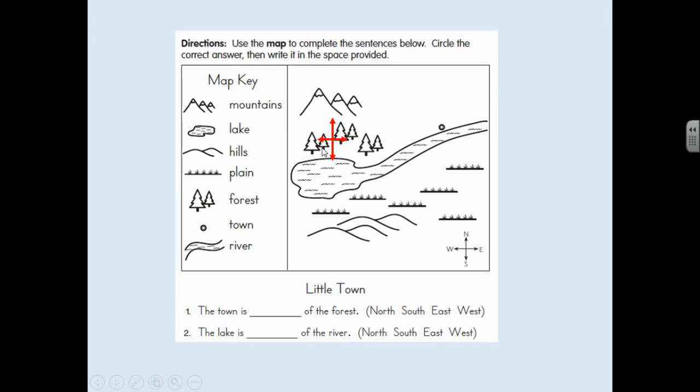So now I need to know where the town is, so I can say that it is to the east of the forest. The lake is north, south, east, west of the river? Well, as I said, I'm going to draw the compass directions again. It's to the west of the river.